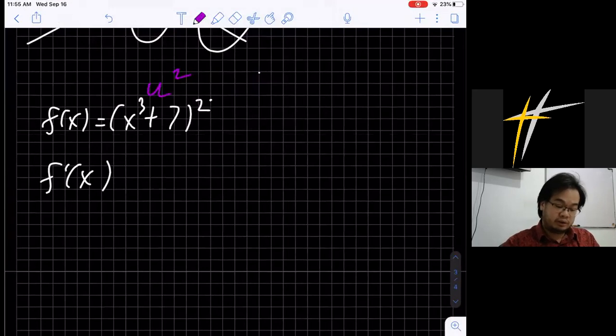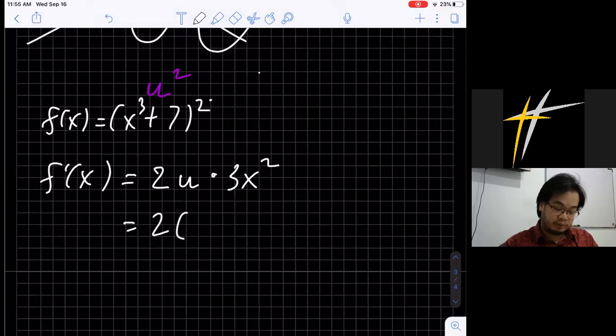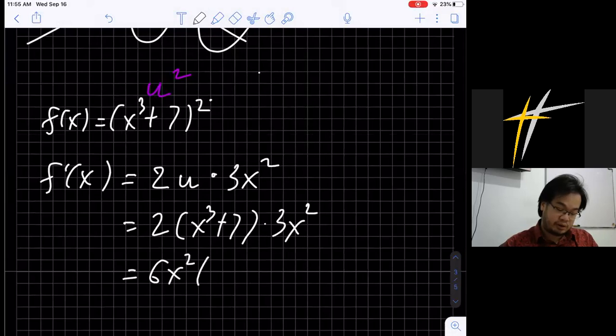So the derivative is equal to 2 times u times the derivative of the inside function, which is 3x squared. And then we put back the u. Don't forget to put back the u. So 2 times (x cubed plus 7) times 3x squared. And then we simplify into 6x squared (x cubed plus 7).